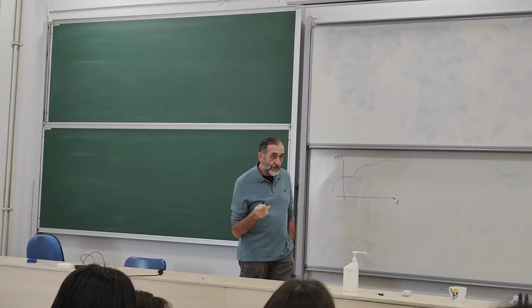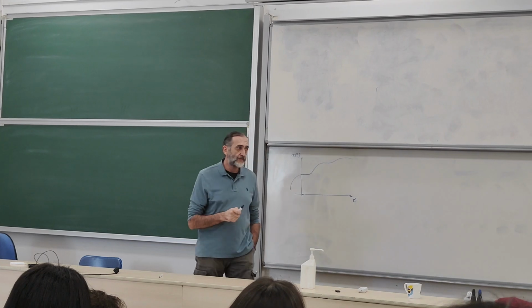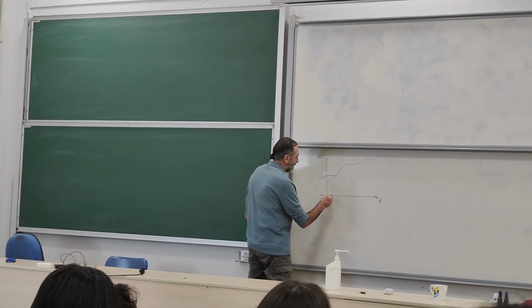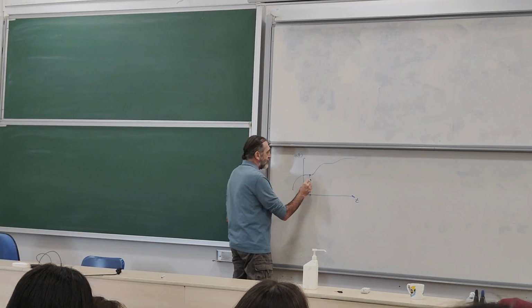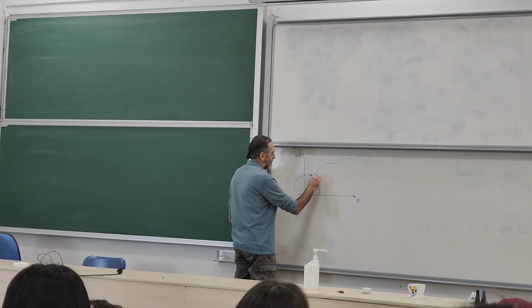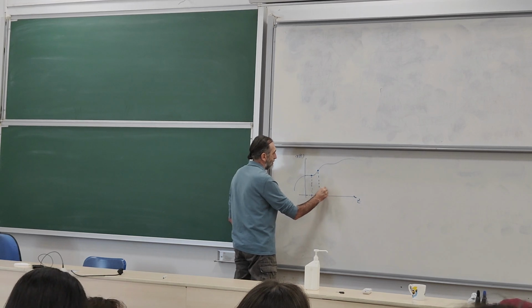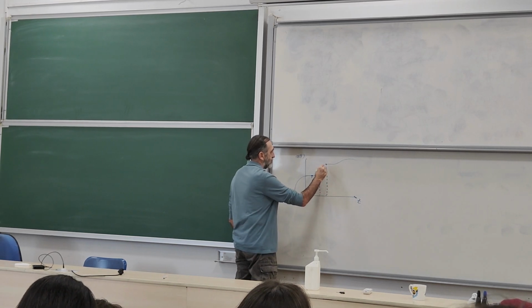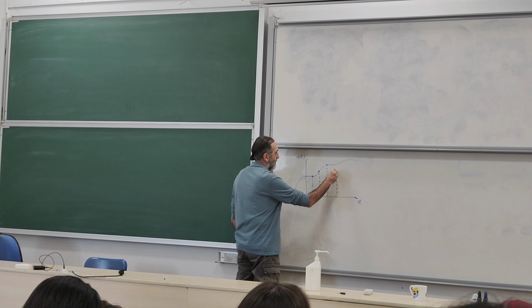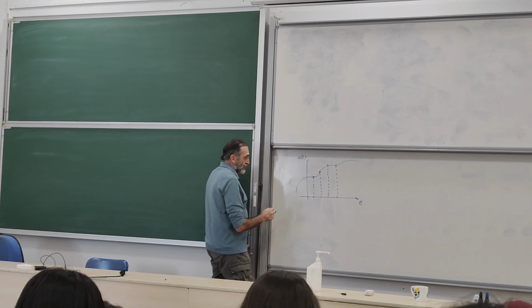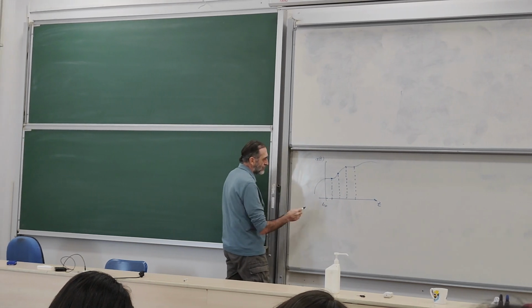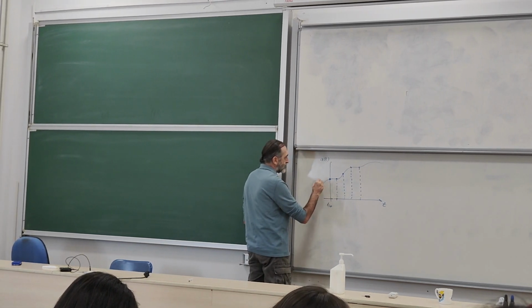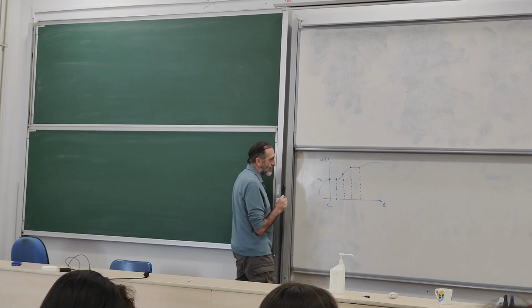But if you're switching to discrete time, then you're only recording the position of the system at given intervals. So at this point, when t is equal to 0, you recorded this, x0.